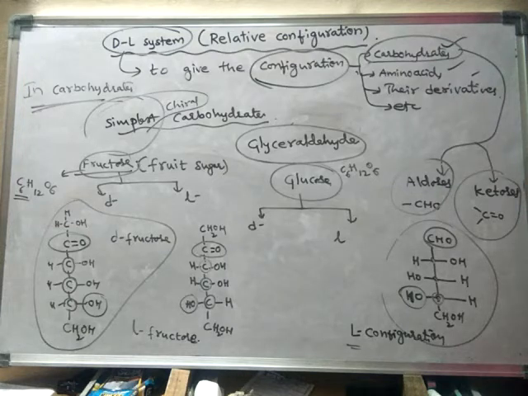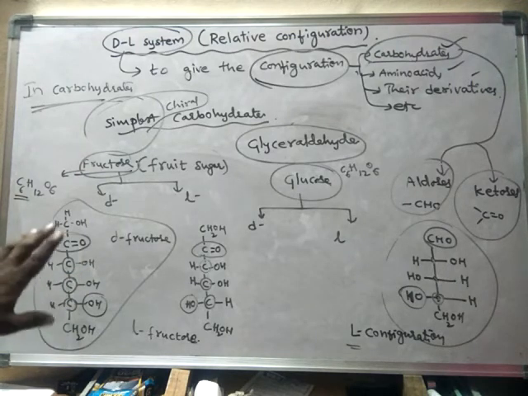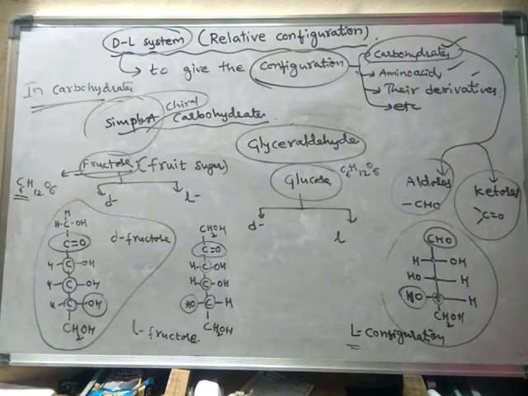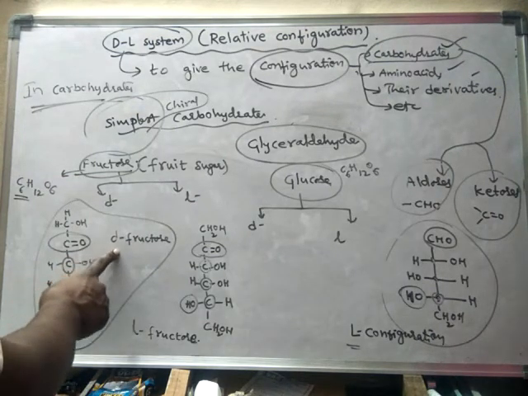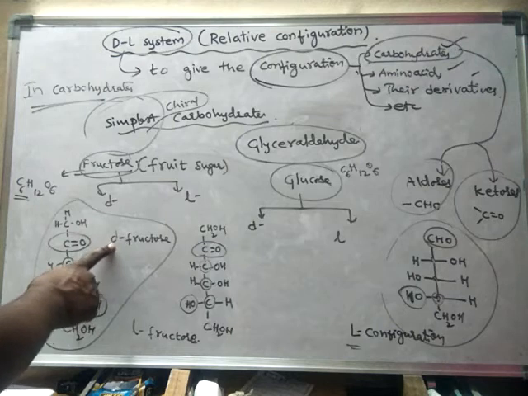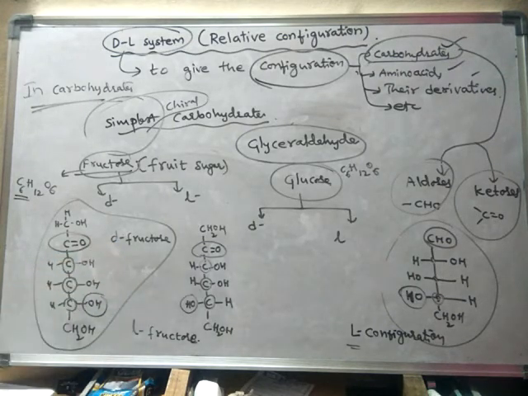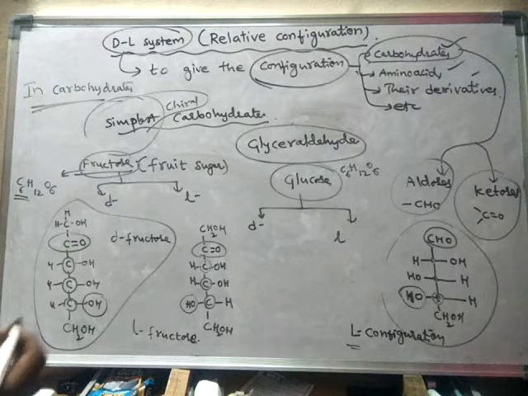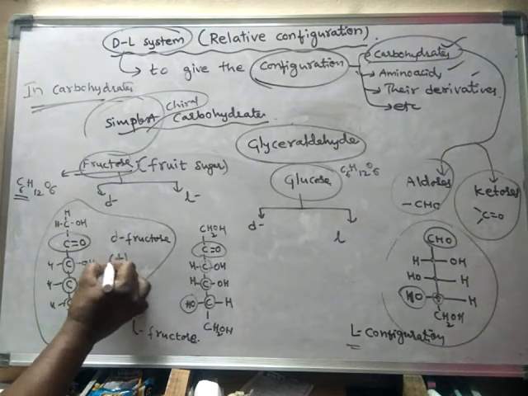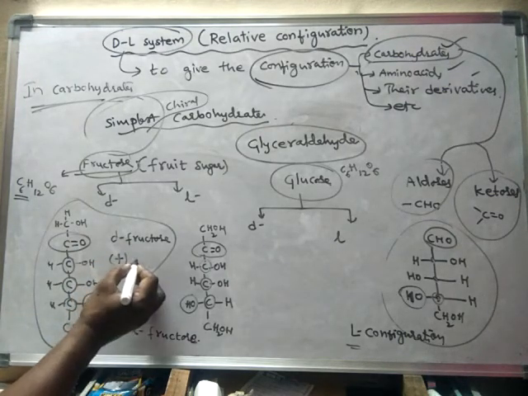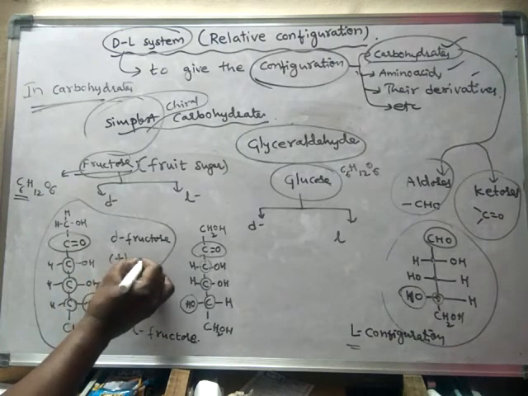One thing here: for this compound we cannot say whether it is the L form or D form, dextro or levo. D and L are different. This is relative configuration. Dextro means plus, and levo means minus.